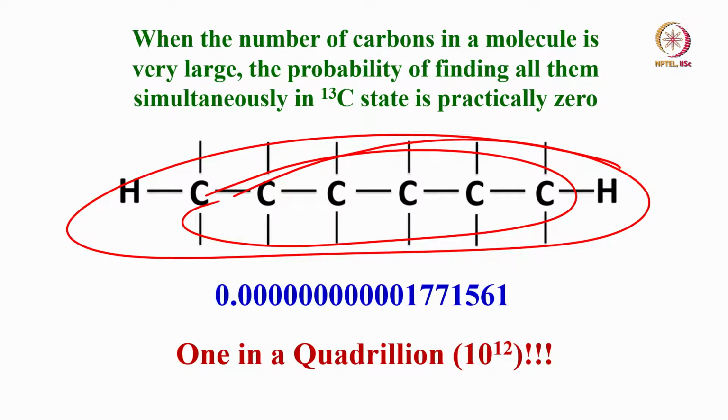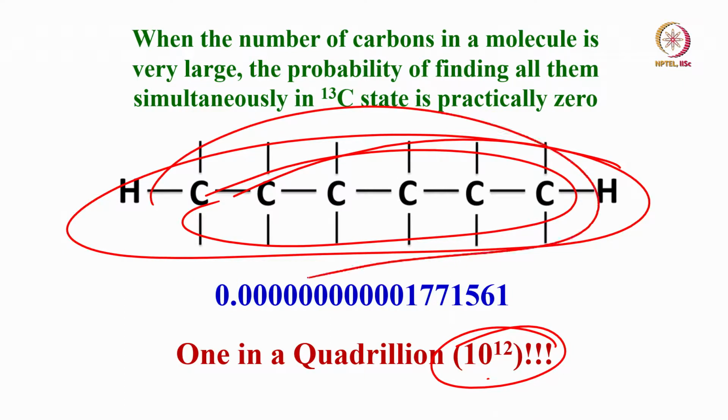It is such a small number. 1 in a quadrillion, 1 in 10 to the power of 12. So many molecules. If there are millions and millions of molecules, 10 to the power of 12 molecules, there may be only one molecule that has all the carbons in carbon 13 state.